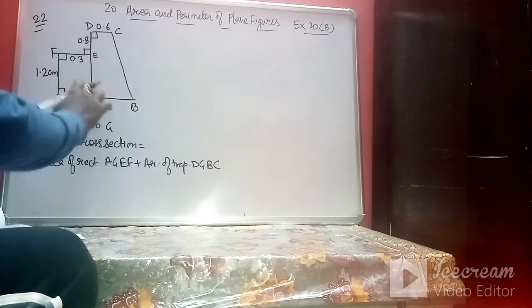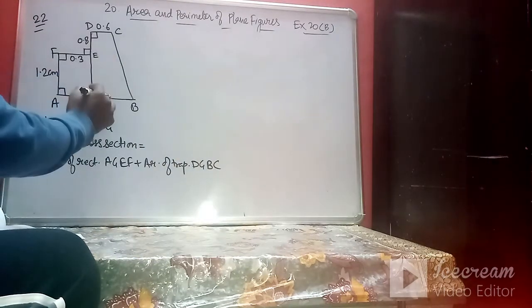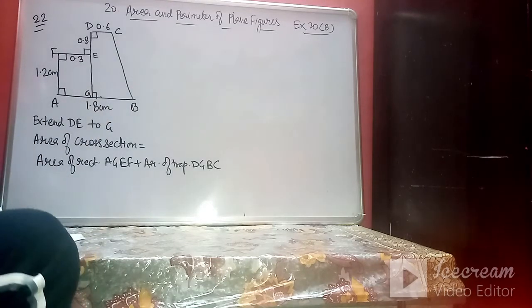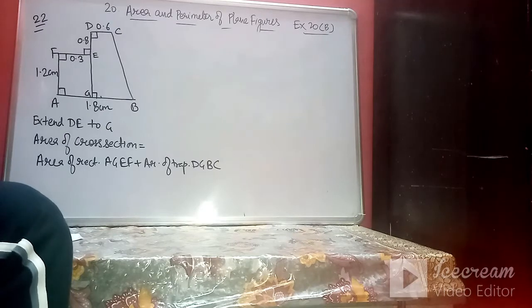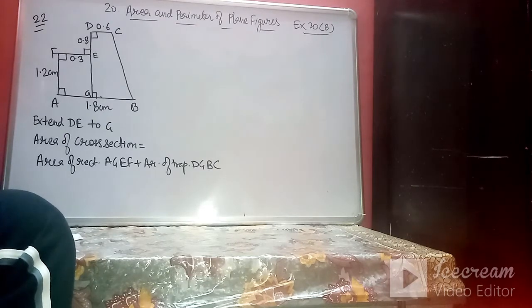And why it is a trapezium? Because we have extended this line, so this angle will also be equal to 90 degree. Okay, so area of trapezium is what? Area of trapezium is half the sum of parallel sides into the height.